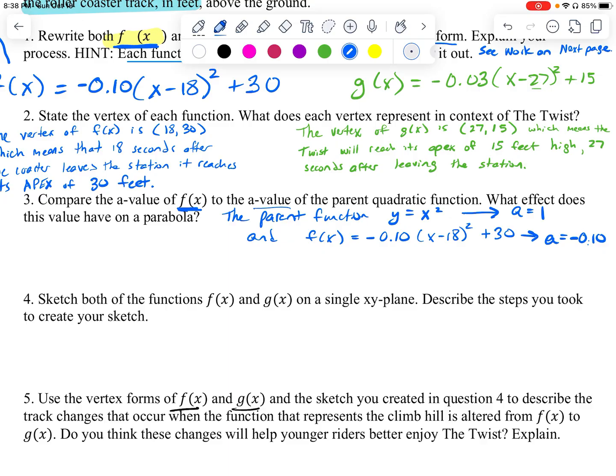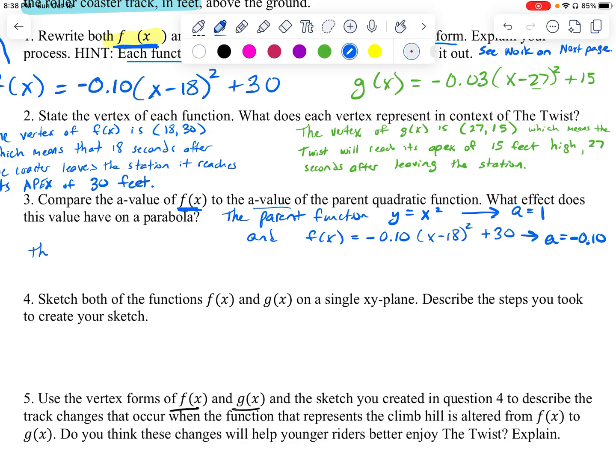Since it's less than 1, it's a compression, which makes the roller coaster or the parabola wider. As you compress vertically, imagine if I push down on this, what happens is it gets wider. So my parabola is getting wider as I compress it down as that fraction in front.